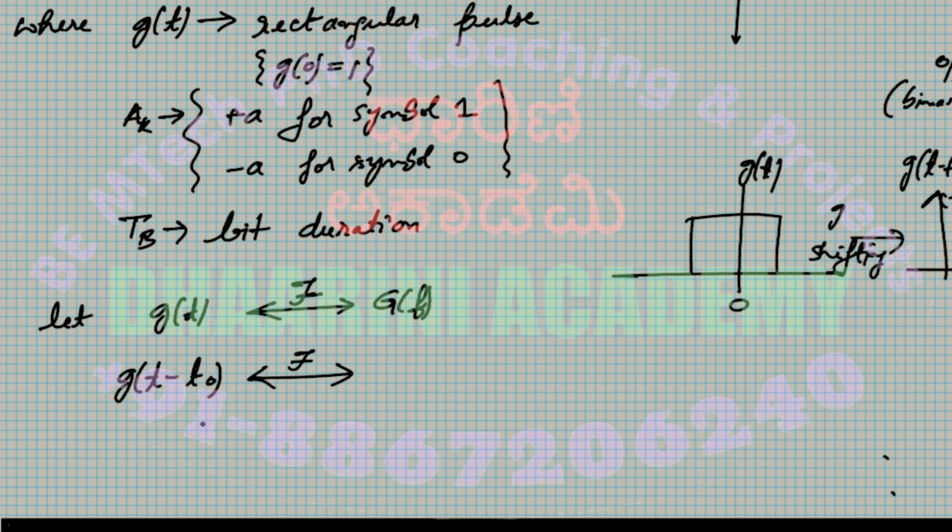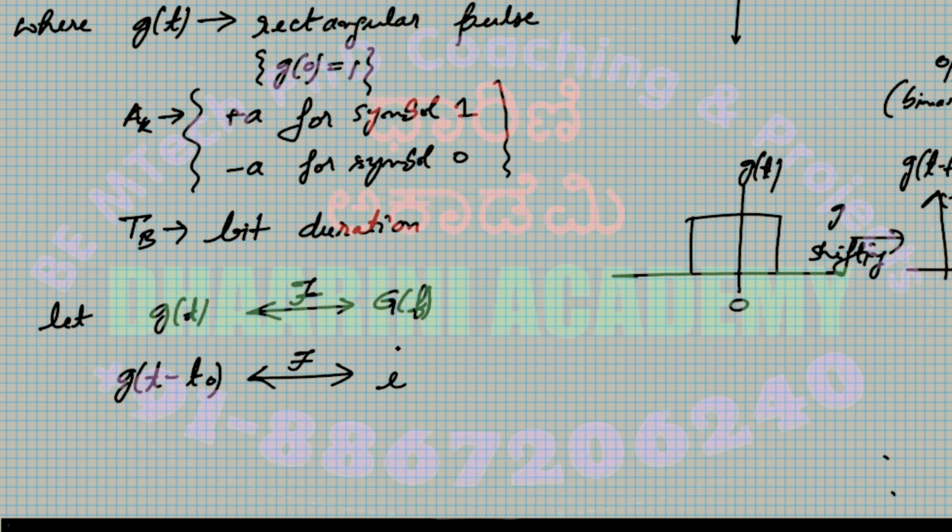So we use a property, and I'll write the property name. It's called the time shifting property of the Fourier representation, specifically the Fourier transform. Okay, so that means if you shift in the time domain, in the frequency domain, that is the right side, you will multiply by a complex exponential. That's the property.